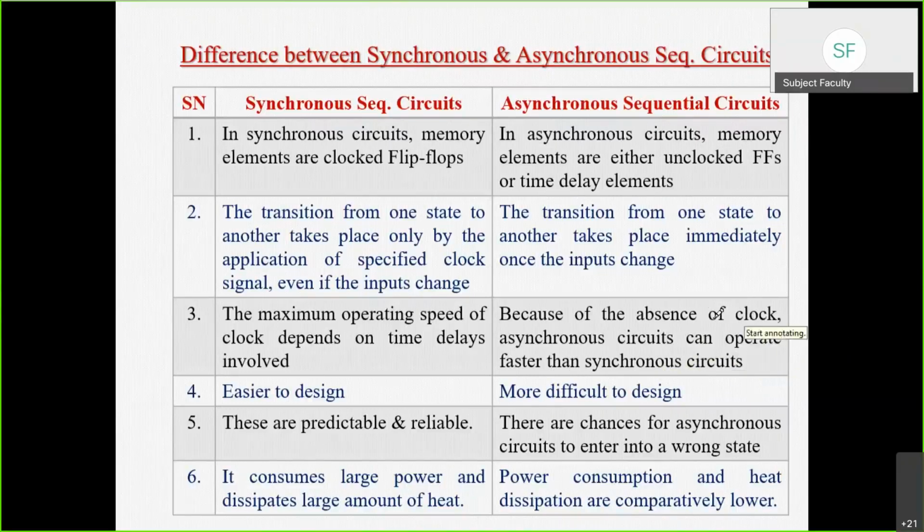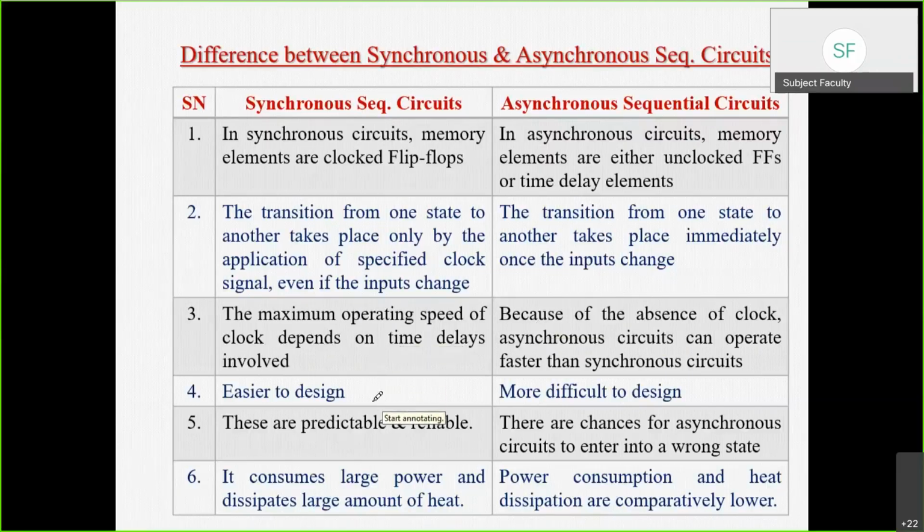It does not have to wait for the clock. That's why asynchronous sequential circuits are quite a bit faster than synchronous circuits. In a synchronous circuit, the maximum operating speed depends on the clock speed. So out of these two, comparatively, asynchronous sequential circuits are much faster.